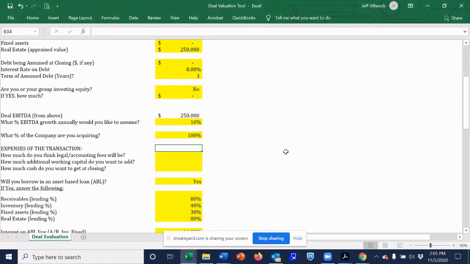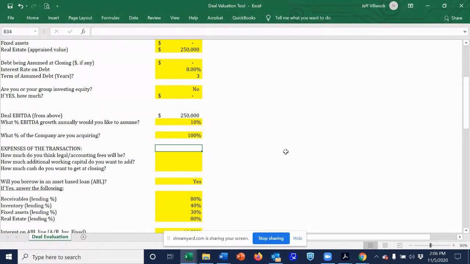So it wouldn't be 100% if you were, for example, buying a partnership in the business, versus completely buying the business? That's right. This spreadsheet really assumes you're going to have a majority ownership.